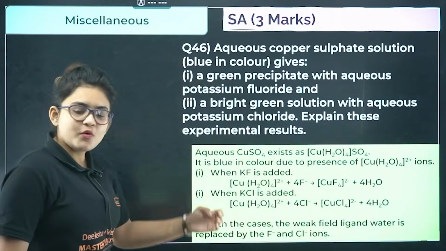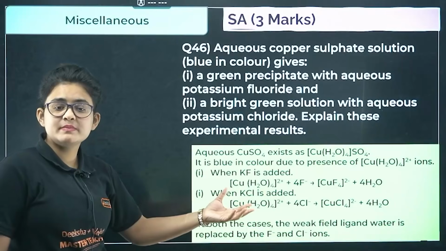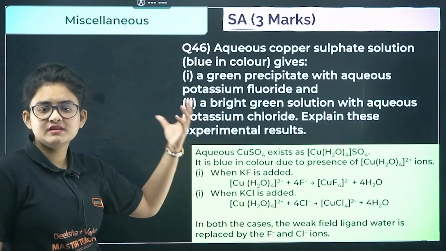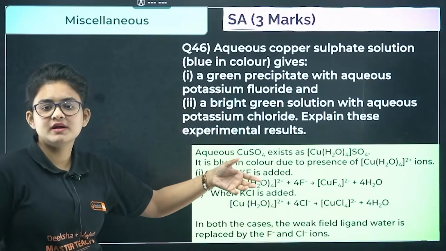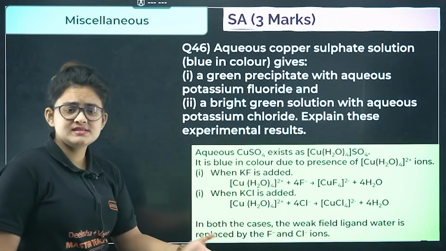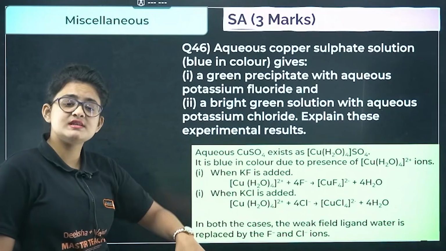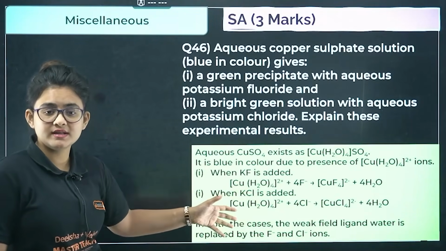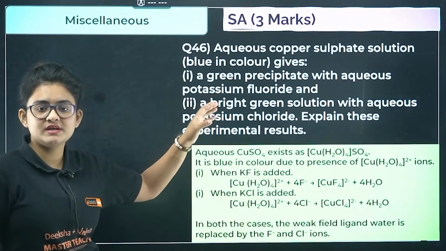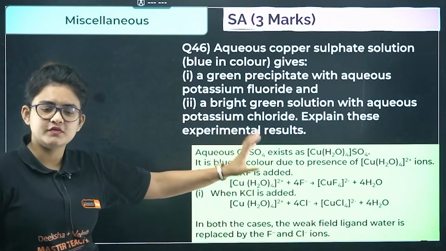In both cases it is a weak field ligand. Now water is replaced by F and Cl, and that's the reason you will get different colors. One is green, another one is bright green. For fluorine, the ligand field is a little bit more than Cl. As water is replaced by a comparatively weak field ligand, there will be a change in color: a green precipitate for the fluorine compound and bright green for the chlorine.